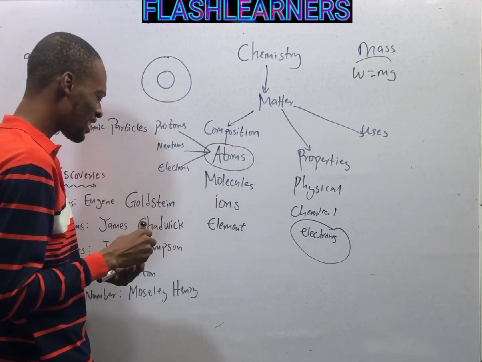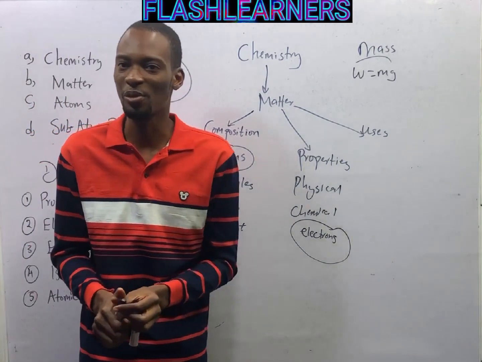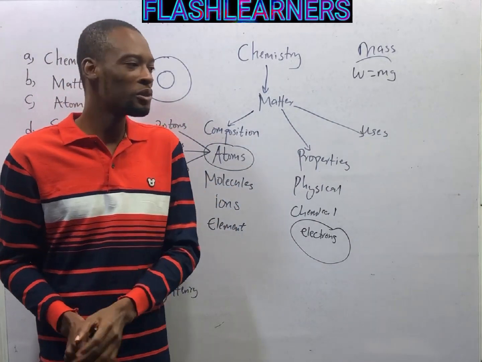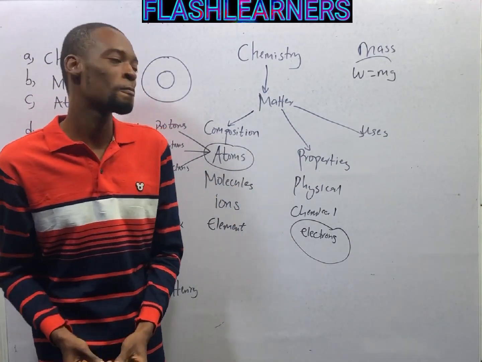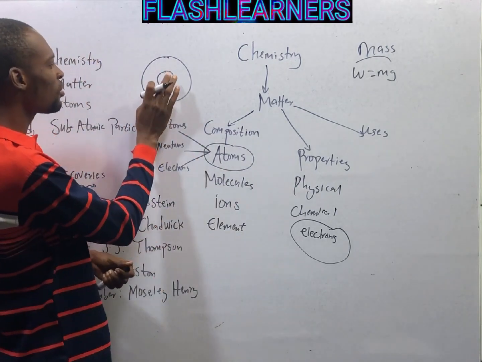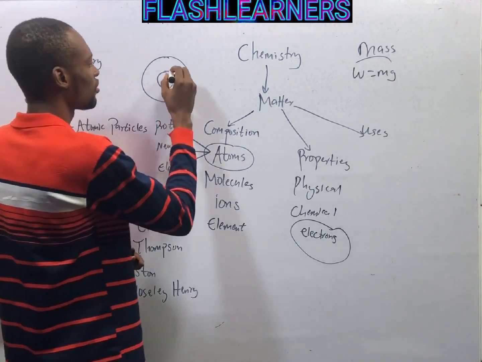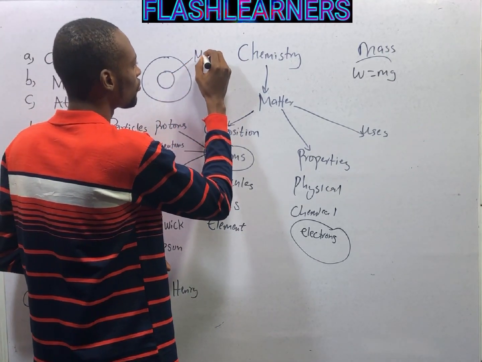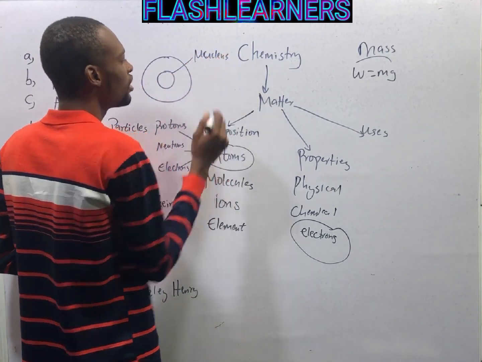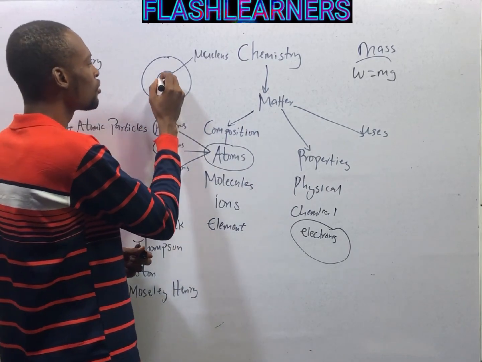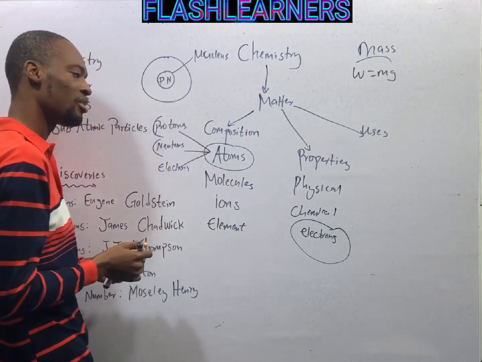In fact, there is a belief that we have further particles, quarks, as other subparticles of the proton. But that's not the case today. Looking at this atom, let's call the inside of the atom the nucleus. In the nucleus, that is where you have the proton and the neutron.